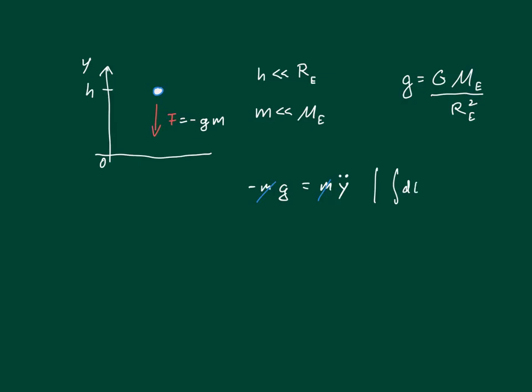So let's do it quickly. The first integration gives us a constant c0, and another time we integrate and we get c0 times t plus another constant, and this will give us the coordinate of the object depending on the time t.